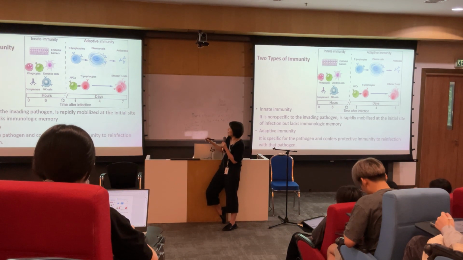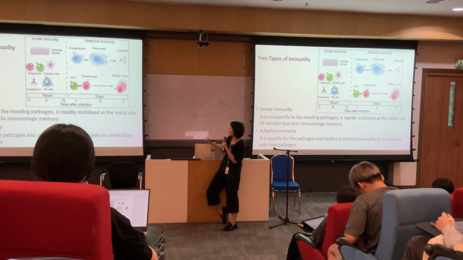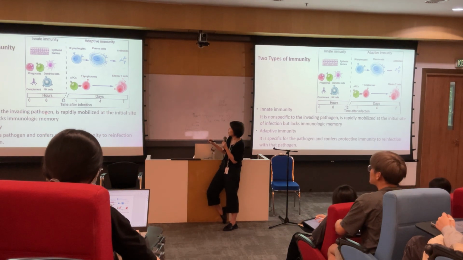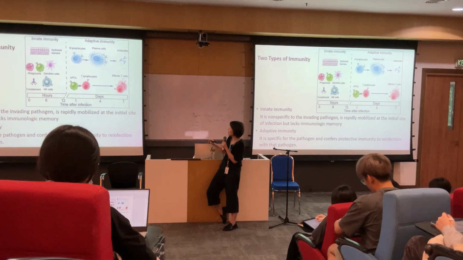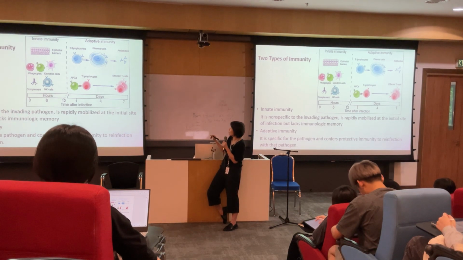So here, the other difference is time. The response to injury or infection is different in timing, and they also respond differently. This one is non-specific: any kind of invading pathogen, it doesn't really matter what they are, they will have the same kind of strategy against them, right?